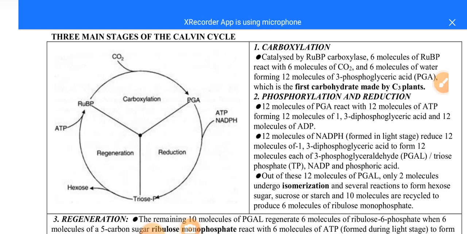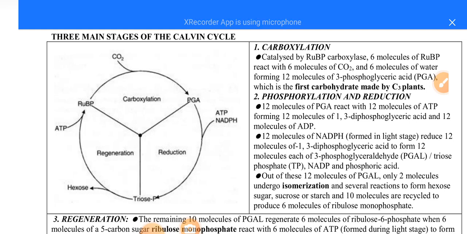Now, carboxylation is catalyzed by RuBP carboxylase. The 6 molecules of RuBP react with the 6 molecules of carbon dioxide and 6 molecules of water, forming 12 molecules of 3-phosphoglyceric acid, PGA.